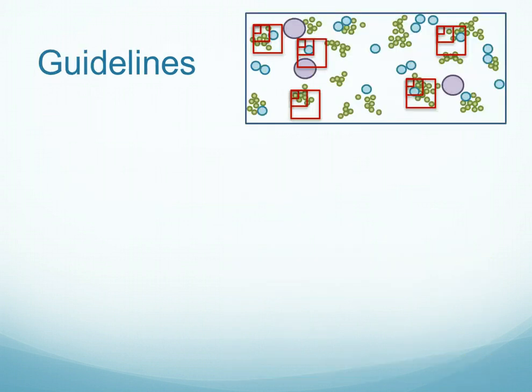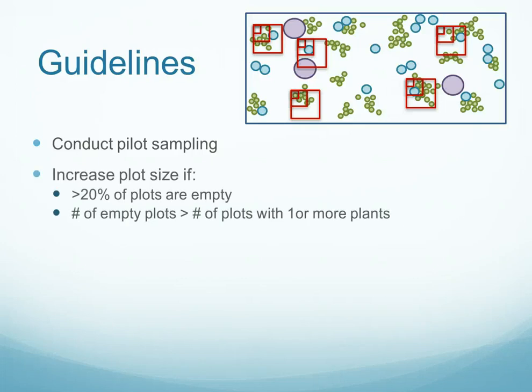So to review the general guidelines for counting methods, you always want to conduct pilot sampling so that you can determine the appropriate size and shape of the quadrat or plot for your area of interest. We generally increase the plot size if more than 20% of the plots are empty, or if the number of empty plots is greater than the number of plots with one or more plants in them.